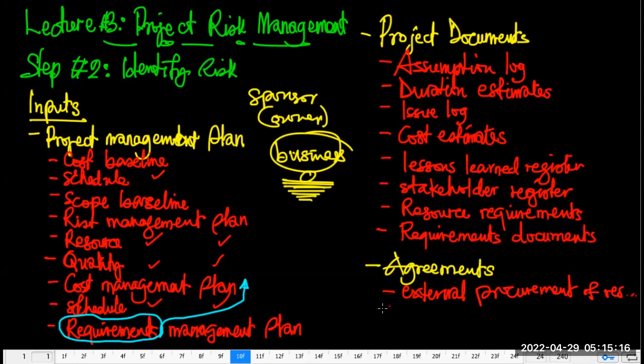You probably have had agreements with contractors. You can mention them. So these agreements might be a source of risk which you need to take note of. So you can make reference to agreements you've had.